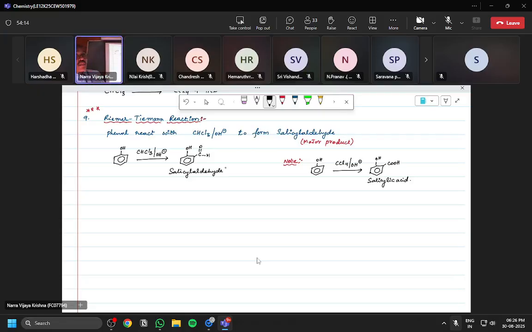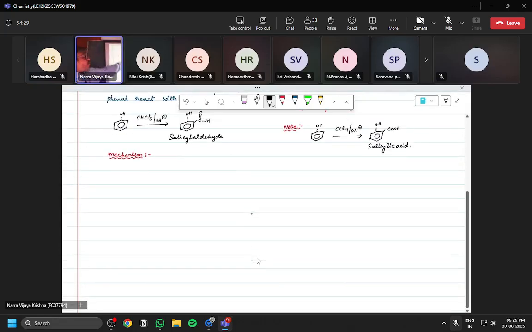Right? Now observe the mechanism, how the reaction occurs. First step, what happened? Chloroform reacts with base. This is chloroform, CHCl3, which first reacts with base.